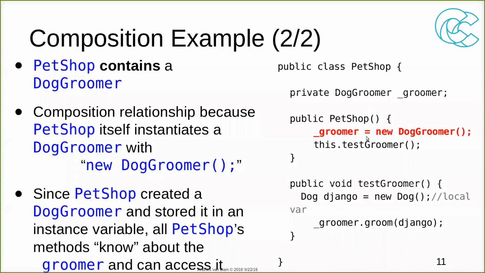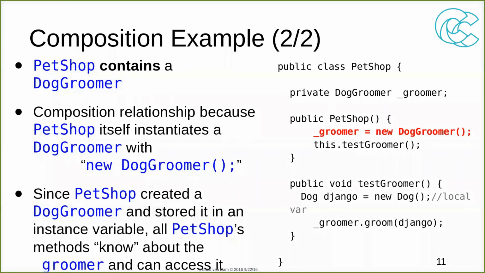Is that what I asked? I was asking, sir, if there was a class other than pet shop which was instantiating a dog groomer instance, will both the classes be said as containing the class dog groomer? Yes.